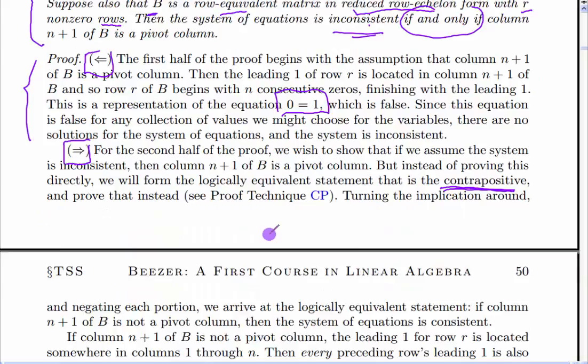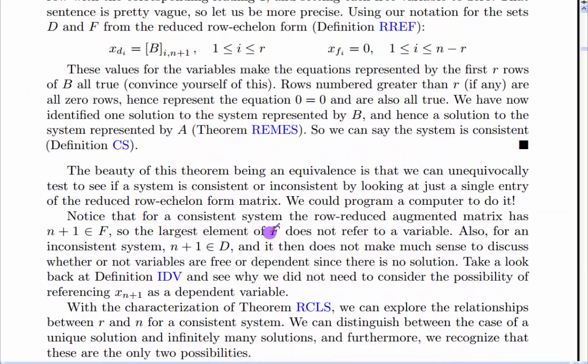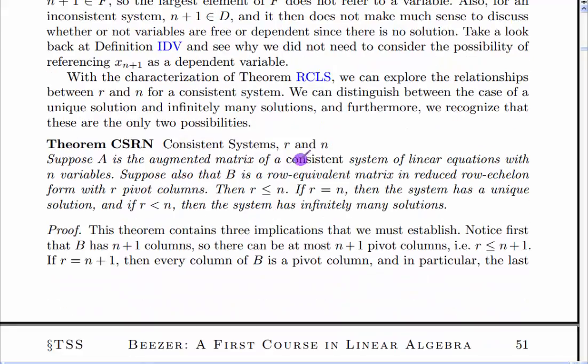So now we have a complete characterization of the types of solutions. We know that if the system is inconsistent, the last column is the pivot column, and now we can show when the system will have infinitely many solutions or not. Read this theorem carefully. Suppose A is the augmented matrix of a consistent system. So we're assuming at this point that it has at least one solution. Suppose A is row equivalent to a matrix in reduced row echelon form, and suppose it has R pivot columns.